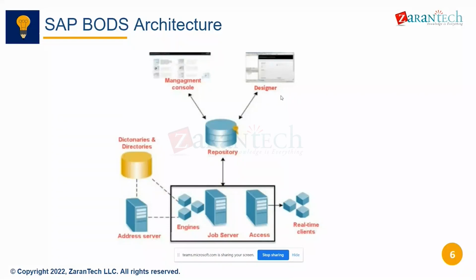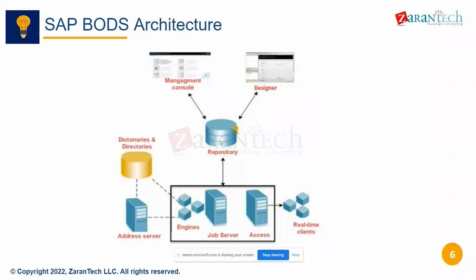Here we have triggered the job. Let's discuss what happens if we trigger the job in the designer. It will come to this repository and check the job's metadata, and this metadata will be collected from the backend database table.